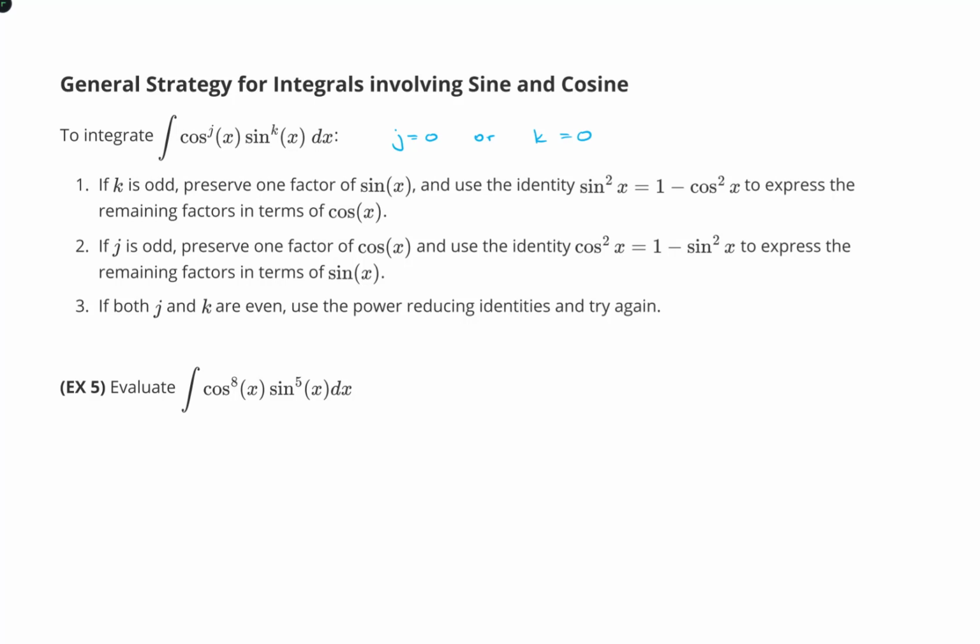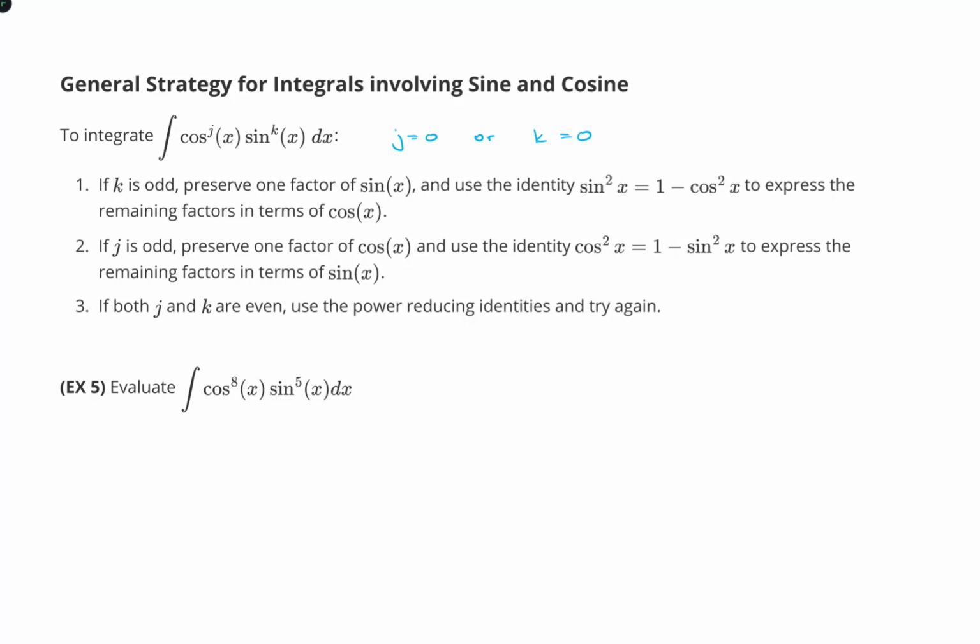If you have even powers, I showed you how you could just take the even powers and split those up using the power reducing formulas. If you had an odd power, then effectively what you could do is preserve one factor, which leaves you with even factors remaining, change those using these formulas here, the Pythagorean identities, and then work the problem from there.